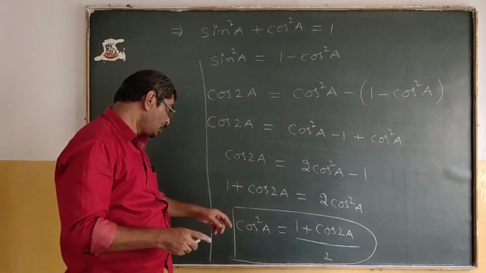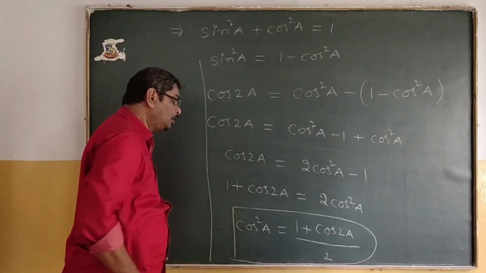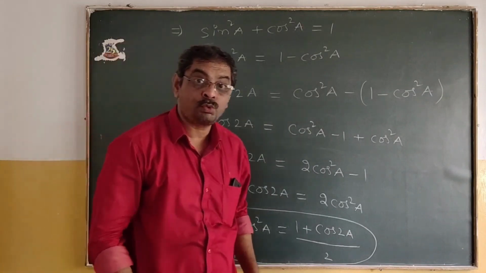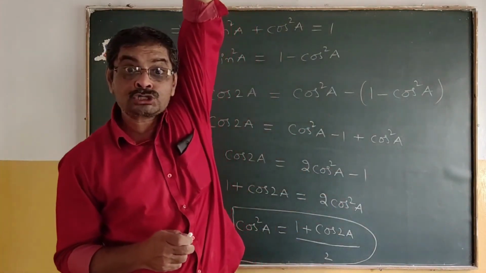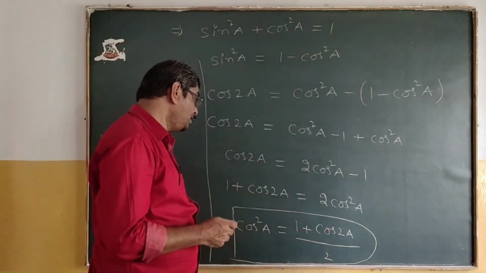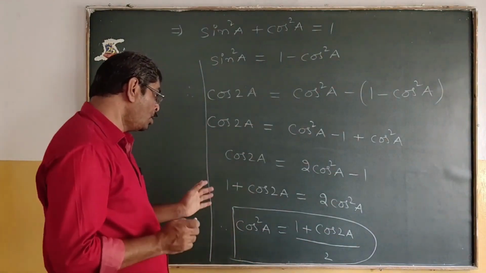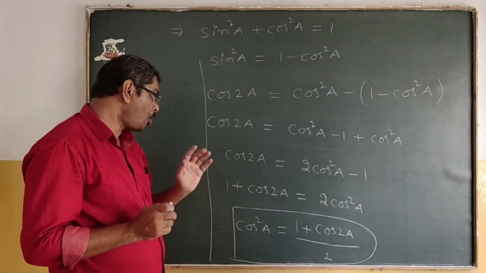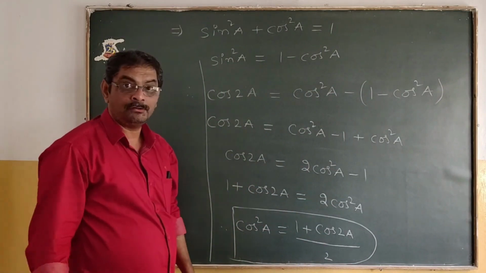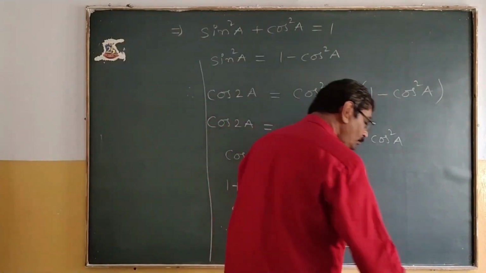So remember, that is the value we got for cos square A: cos square A is equal to 1 plus cos 2A divided by 2.